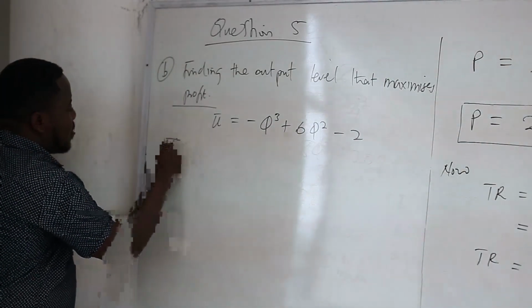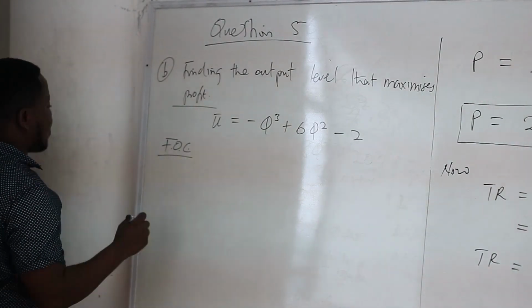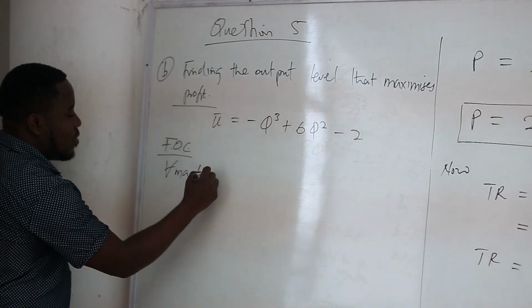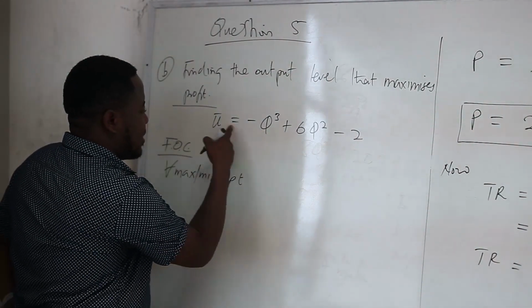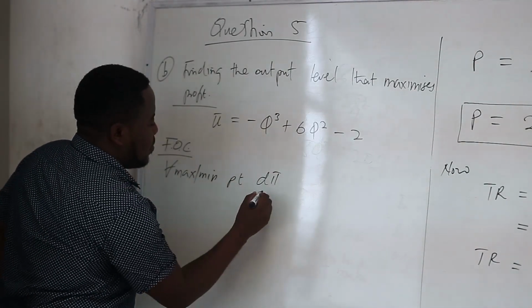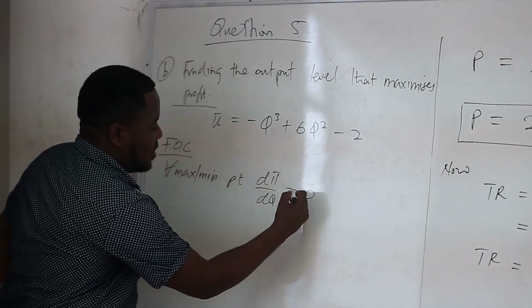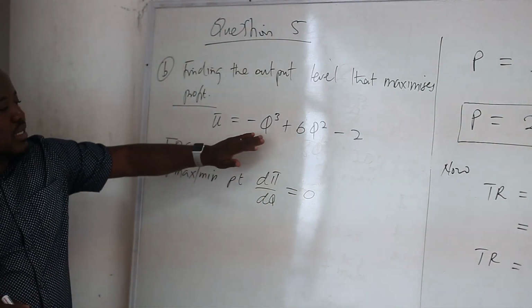So we should state the first order condition. The first order condition states that for any maximum or minimum point, if we differentiate this function with respect to quantity, we should equate it to 0. So what you have to do is differentiate this function.